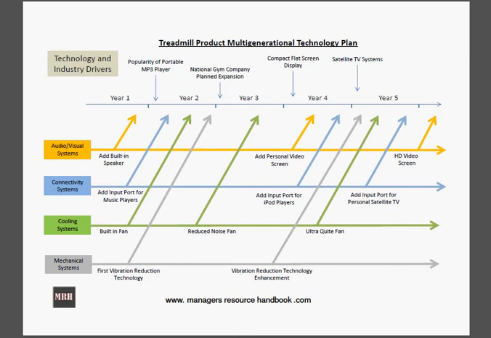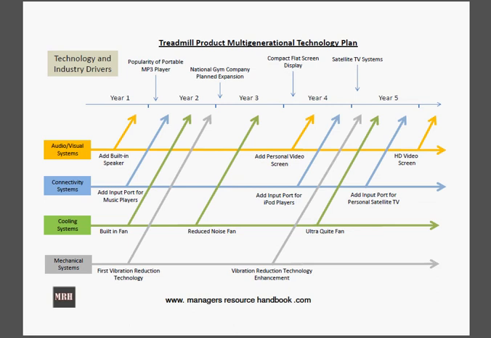The third key element of a multi-generational technology plan is the technology itself that you are working on. So on the left-hand side, I've got four different colored boxes for different sub-technologies of your treadmill. So the audio-visual systems, the connectivity systems, the cooling systems, and then mechanical systems.